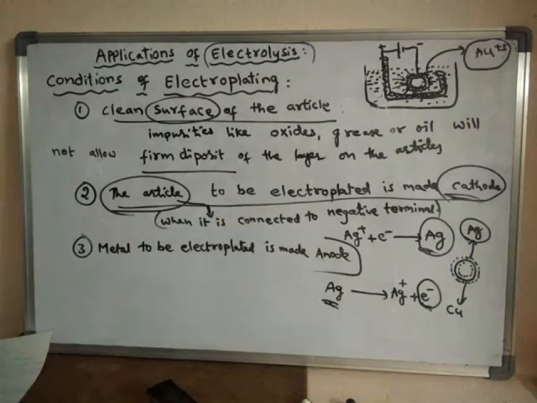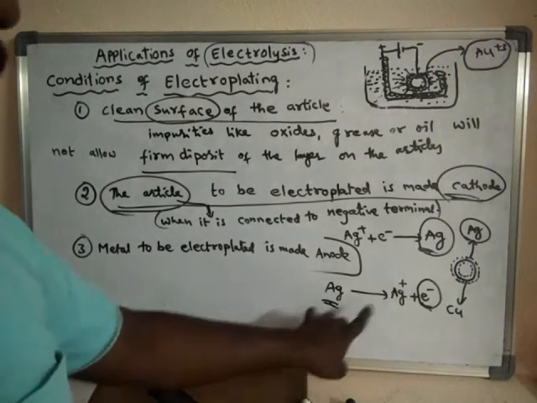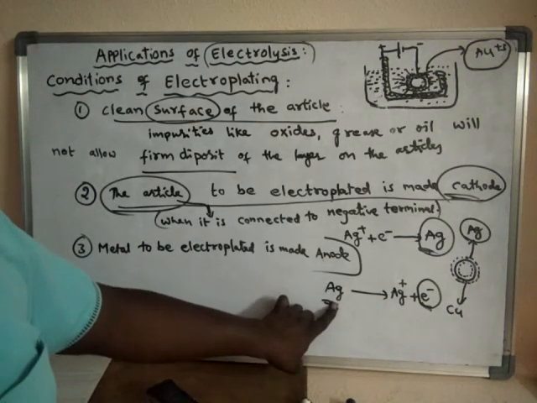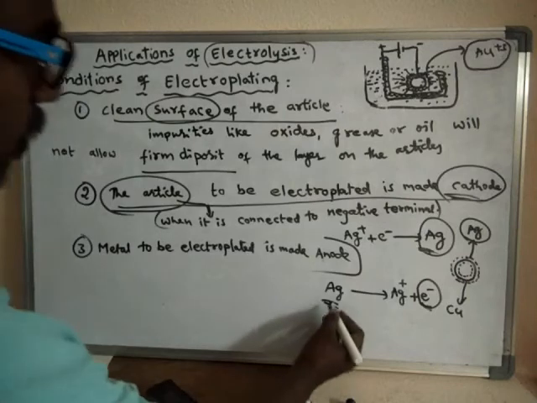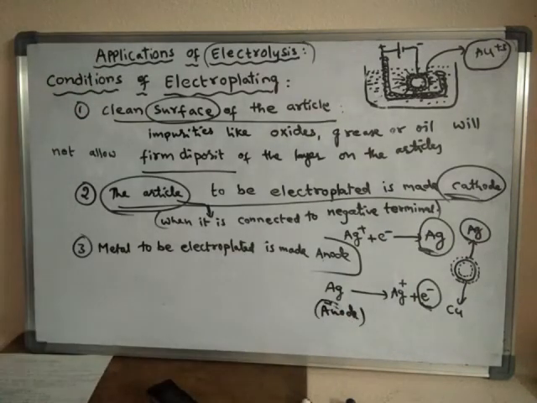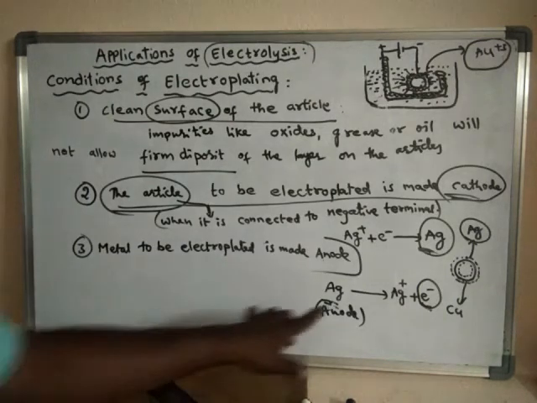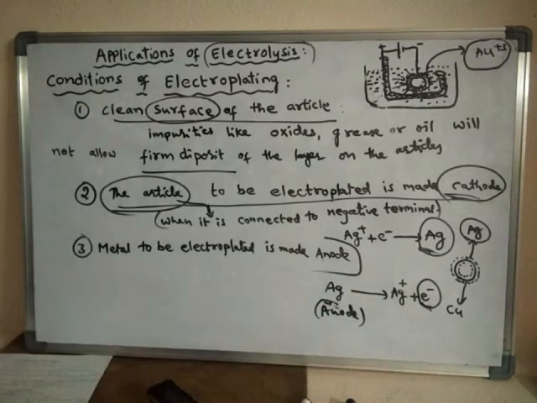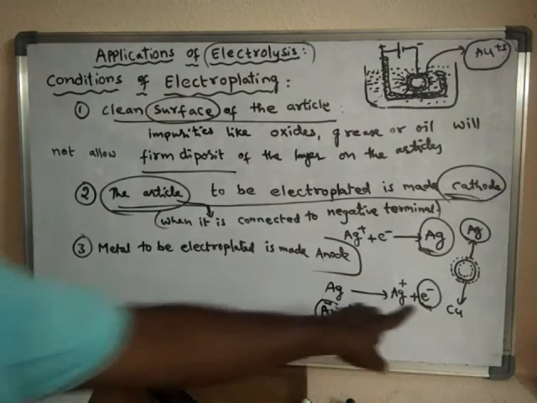Okay, got it. Because the metal from the anode loses electrons. Actually this is silver metal, so it is the anode. So the metal from the anode loses electrons. To whom will this metal lose electrons?